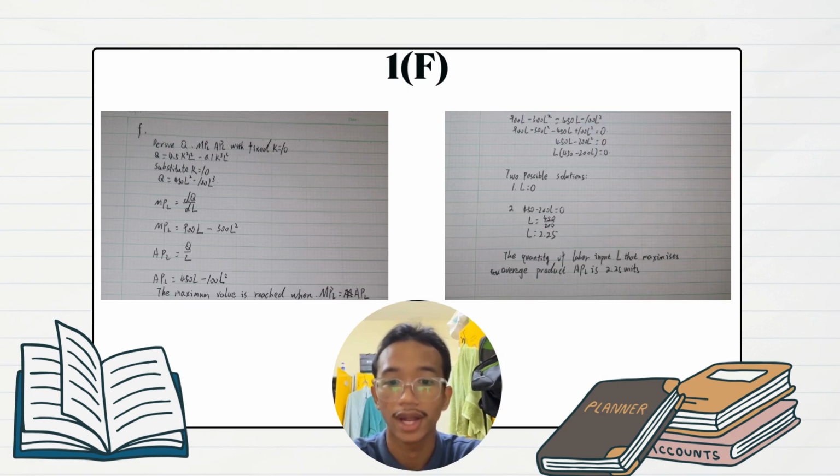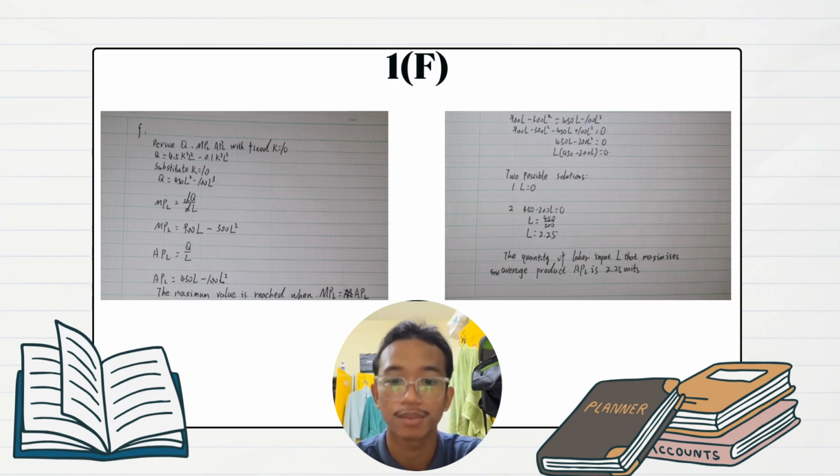Now, let's solve for L. We move the 200L to the other side: 200L equal to 450, and we put the L in front, and we get L equal to 450 divided by 200, which gives us the value of L, 2.25 units. It means that the firm will achieve its highest labor productivity, meaning the maximum average output produced per worker, when exactly 2.25 units of labor are employed.